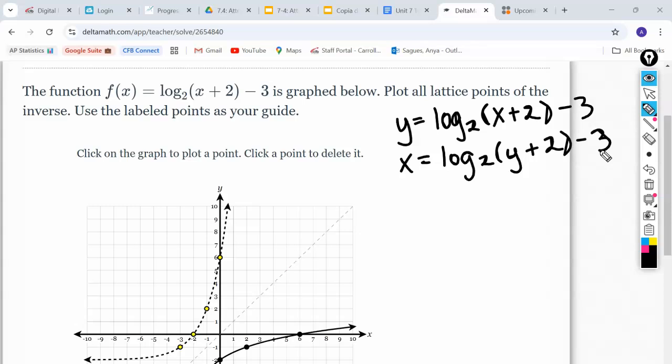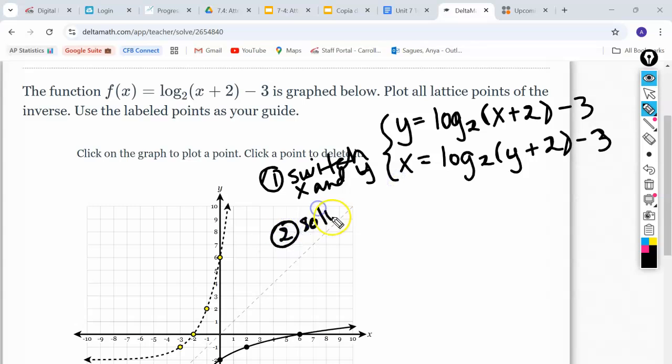Okay, so first you're going to want to switch the x and the y. That's always the first step. After that, we're going to try to solve for y. Those are always our steps.